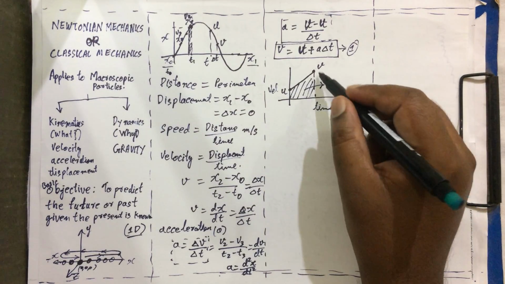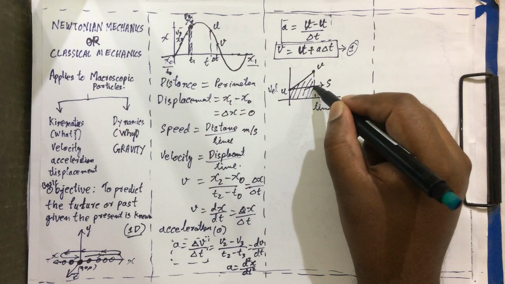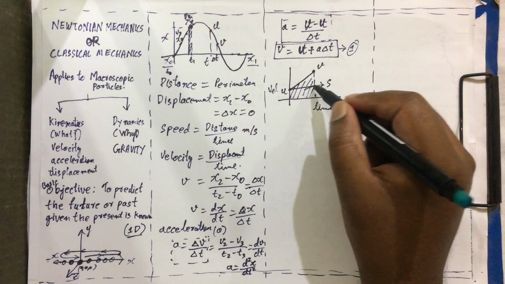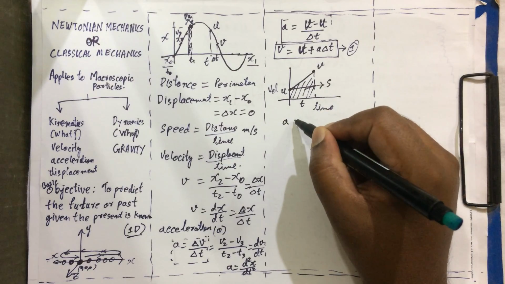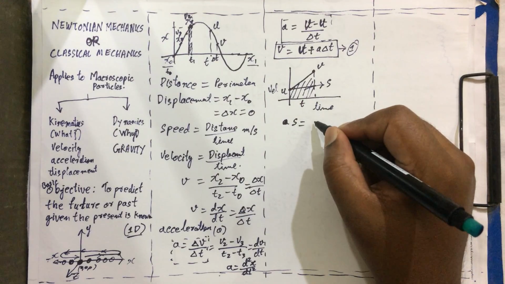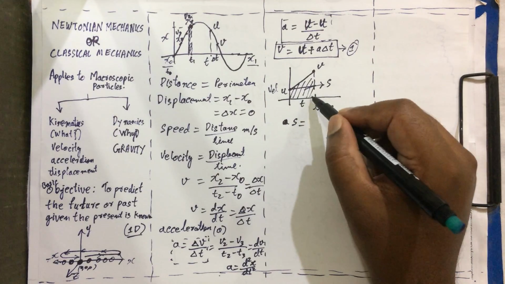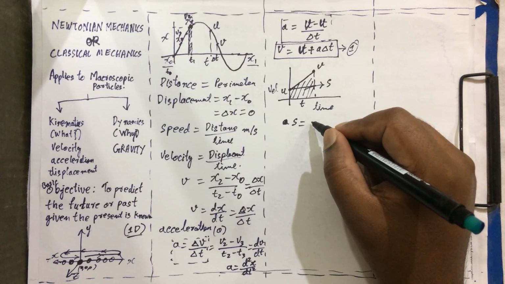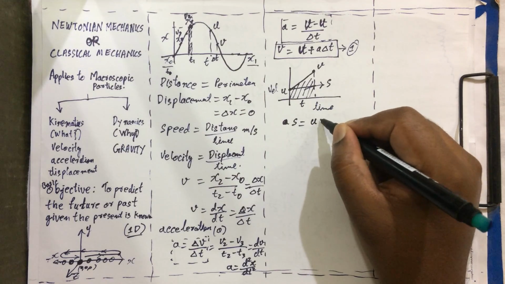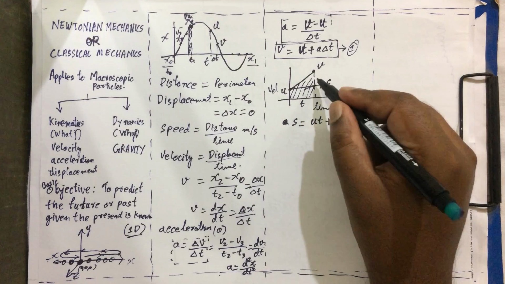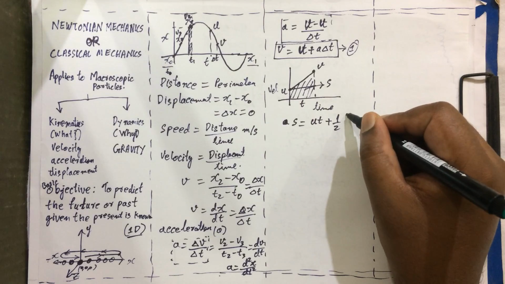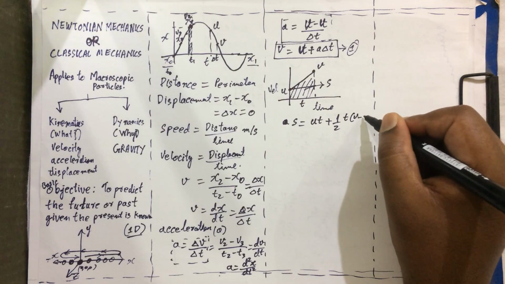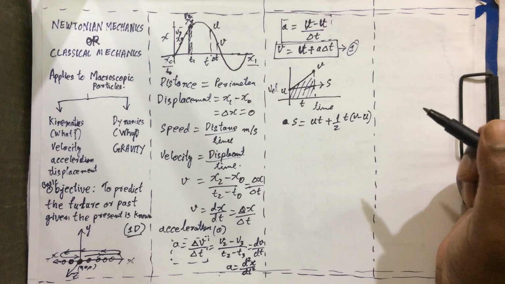So what is the area under this curve? If we divide this curve like this, and this is time t, the distance would be the area of this rectangle, that is u times t, plus the area of this triangle, that is half t times v minus u.